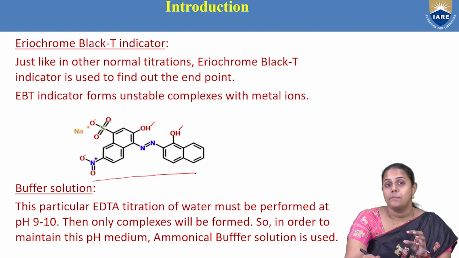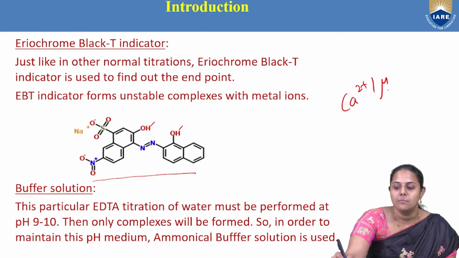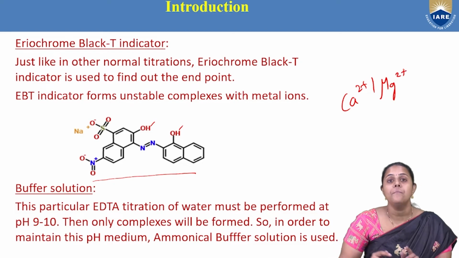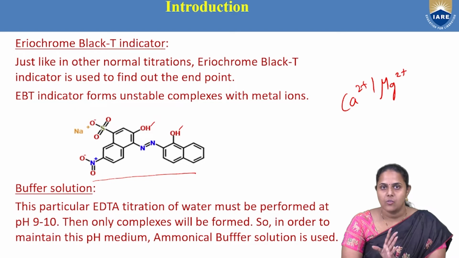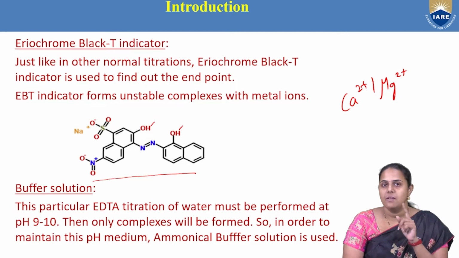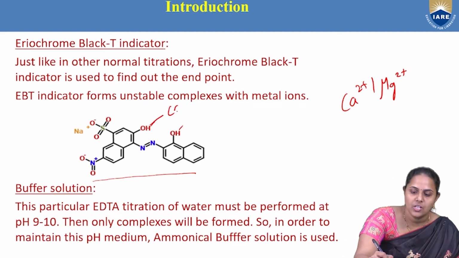What are the ions that are present in our water? Calcium and magnesium. In the first part of the video, I told you hard water means calcium and magnesium ions. So when calcium and magnesium ions come in contact with this EBT indicator, complex formation will take place.